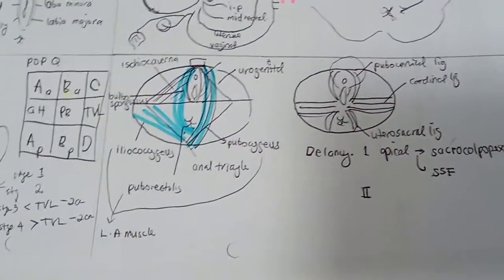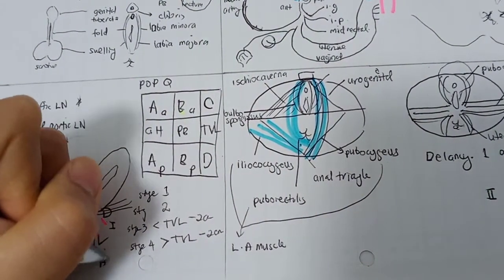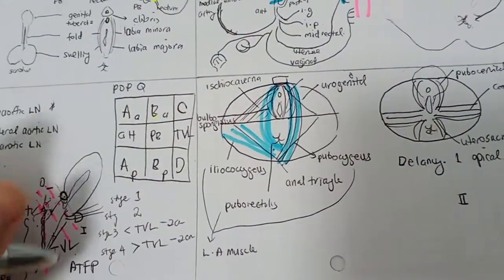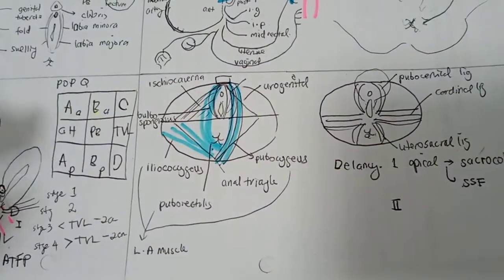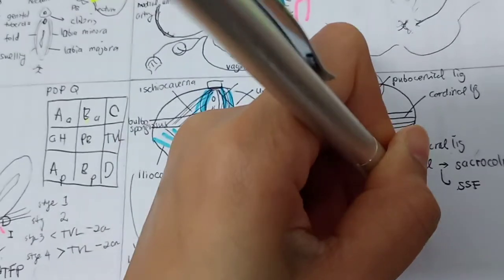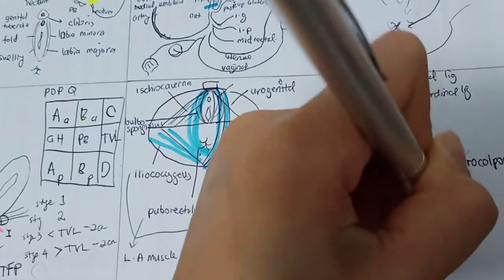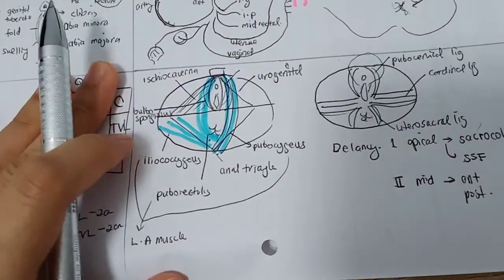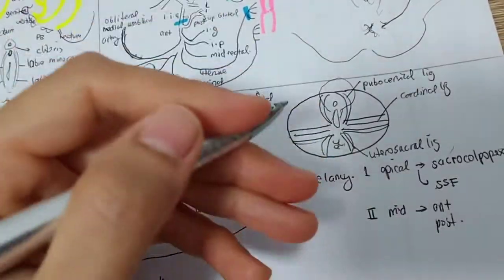If DeLancey level 2, basically the weakness is at this point, whereby the weakness is because of the ATFP, the arcus tendineus fasciae pelvis. So this is the mid cavity. The treatment will be the anterior and posterior repair, using Kelly's or buttress sutures to strengthen the anterior and posterior wall.